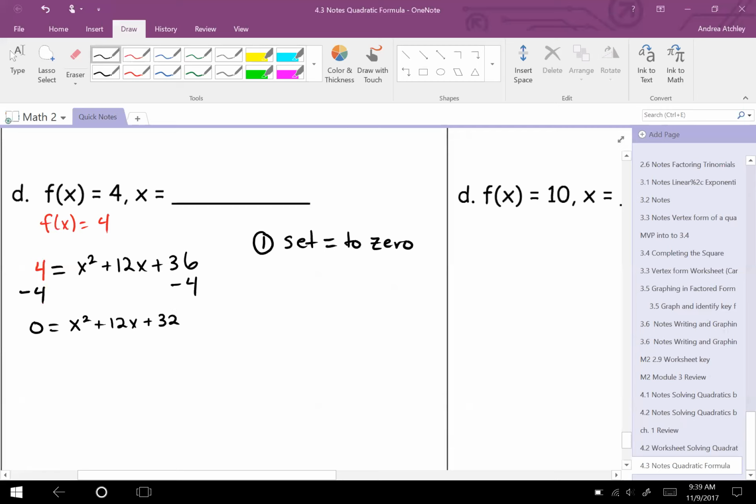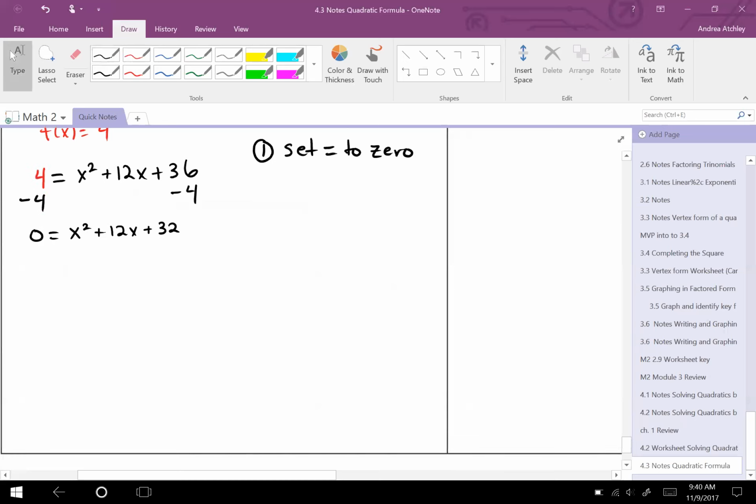Do you want to try and factor it, or do you want to try and do the quadratic formula? Factor. Let's try and factor it. I don't know if this is going to factor, though. It's not going to? That's going to be a bummer. So we could do 8 and 4.